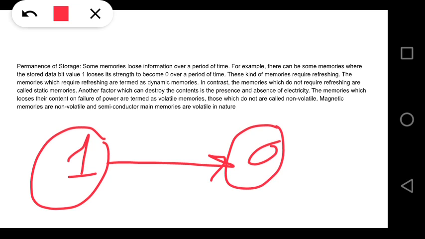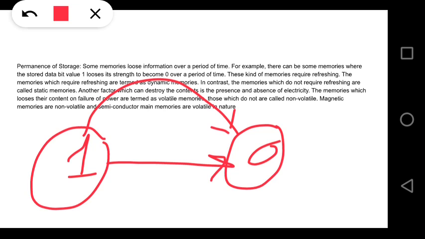It loses its strength. This is nothing but losing the information over a period of time. So these kinds of memories require refreshing. The solution is refreshing.